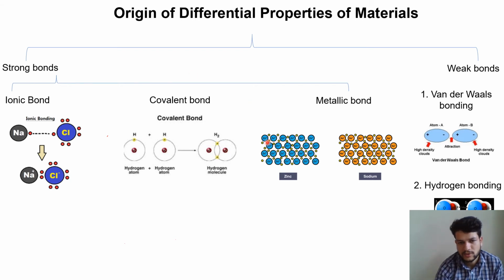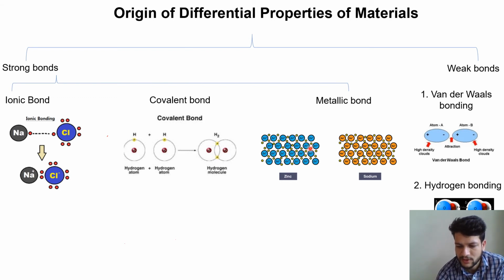In metals, as you can see in this figure, like zinc or sodium, there is a positive ionic metallic core, and the negative electrons circulate between these atoms like a gas, and these negatively charged electrons act as a glue between these metallic cations. So this interaction leads to the formation of metallic bonds, and metals are formed.